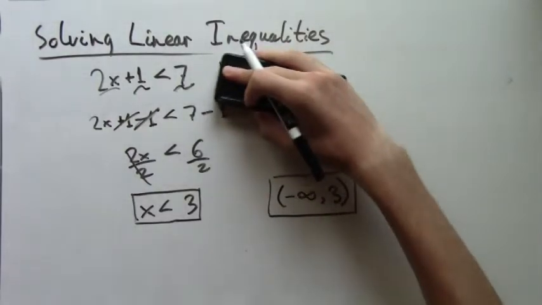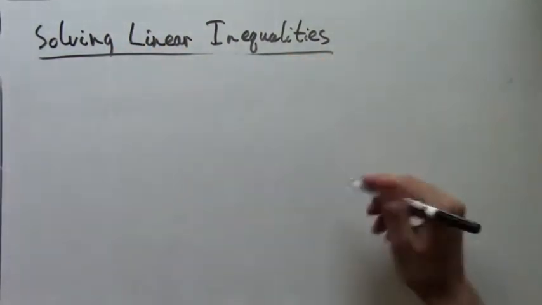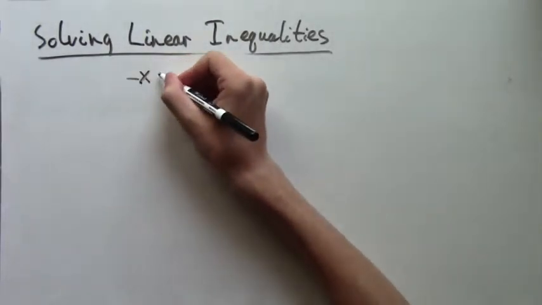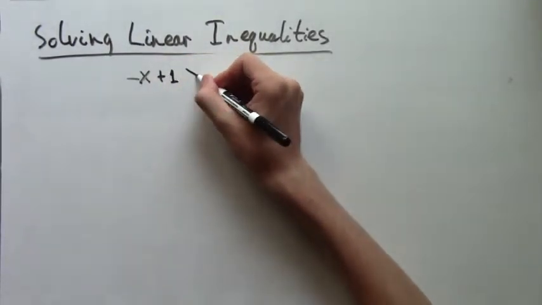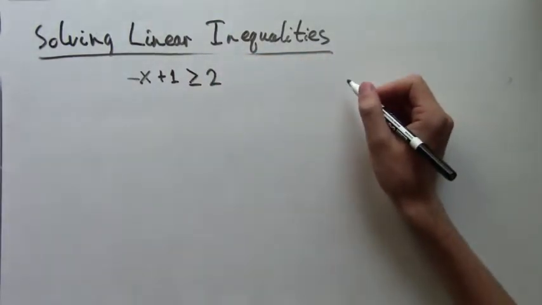So let's take a look at another example. Now remember, I did say that linear inequalities are very similar to linear equations, but there is one distinction that is very important, and I'm about to show it to you.